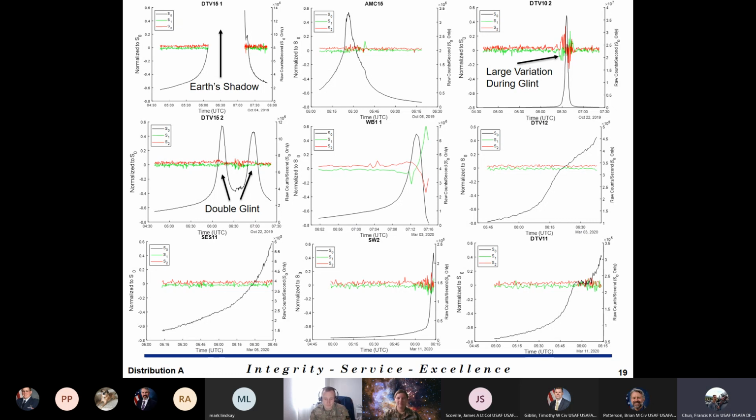And he decided, to the best of my recollection, that 15% was the demarcation for a glint versus non-glint time period. Cool. So all my problems come from Captain Key. That was Cadet Key at the time. Yeah, now Captain Key.